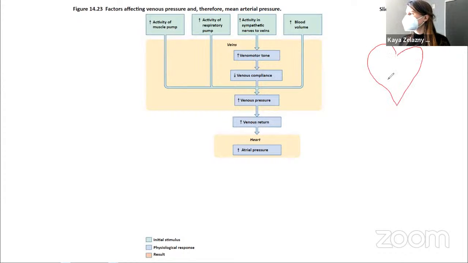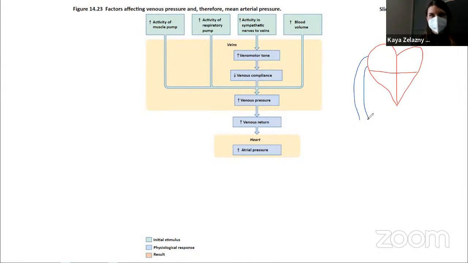At our heart, we had our atria on top, our ventricles on the bottom, we had right and left. I'm going to draw in our inferior vena cava going into the right atrium, right? So when we increase our venous return and our venous pressure, what we're saying is now we have higher pressure here.